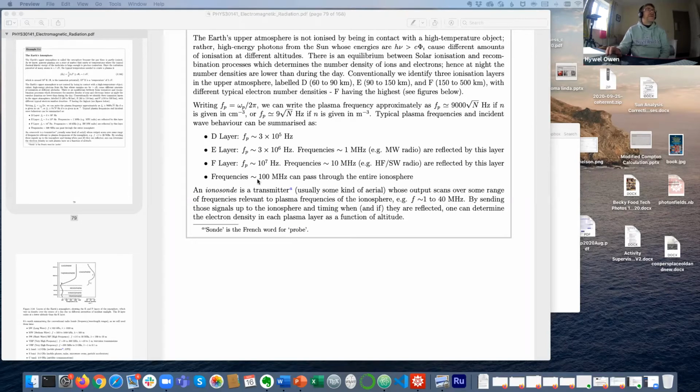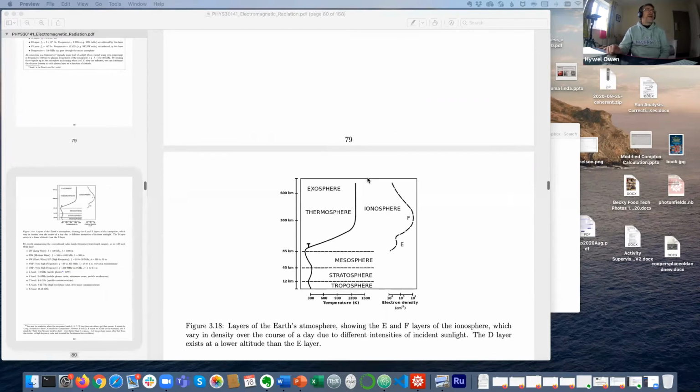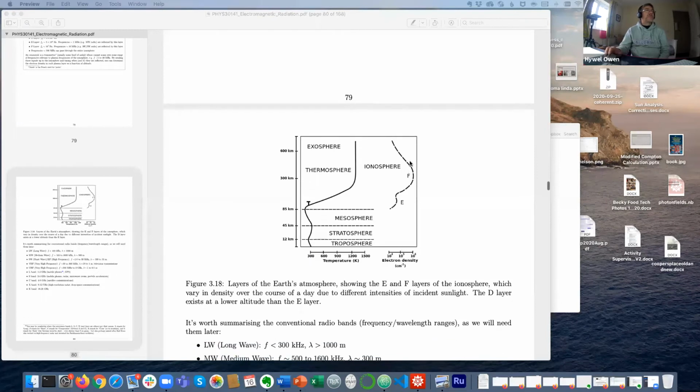Any frequencies much higher than that, say 20, 30, or 100 megahertz or so, will travel through all three layers and will go into outer space. Okay, so this is seen from the point of view of someone on the ground. There are falling plasma densities above, but of course we don't see those.